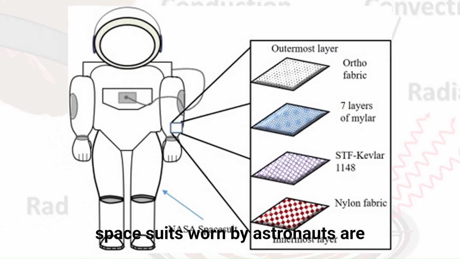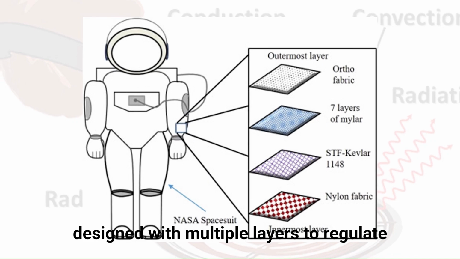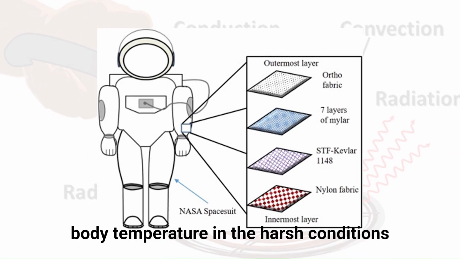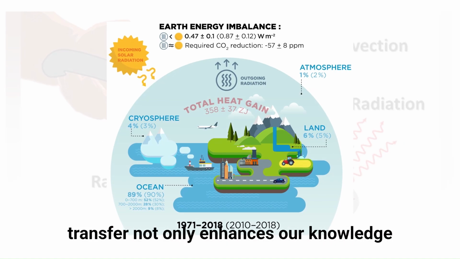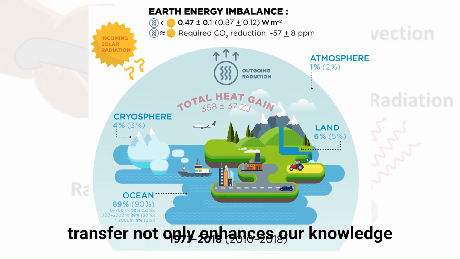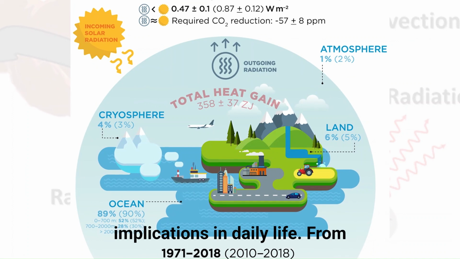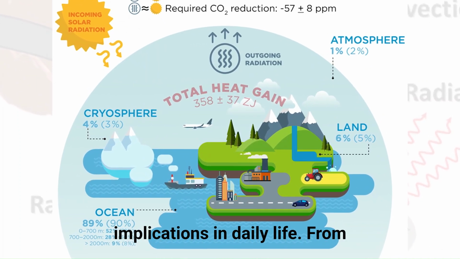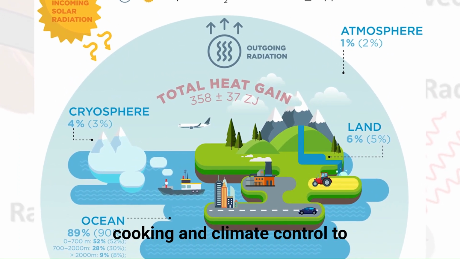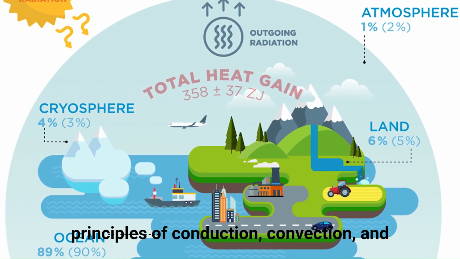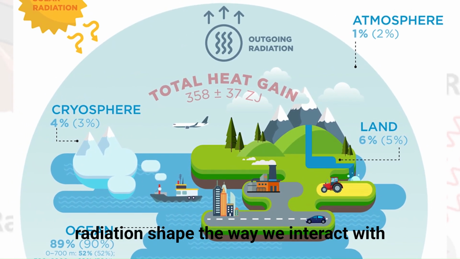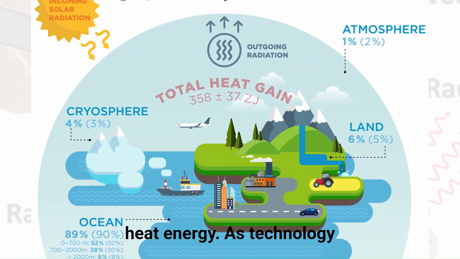Similarly, space suits worn by astronauts are designed with multiple layers to regulate body temperature in the harsh conditions of space. Understanding heat transfer not only enhances our knowledge of physics but also has practical implications in daily life. From cooking and climate control to engineering and space exploration, the principles of conduction, convection, and radiation shape the way we interact with heat energy.